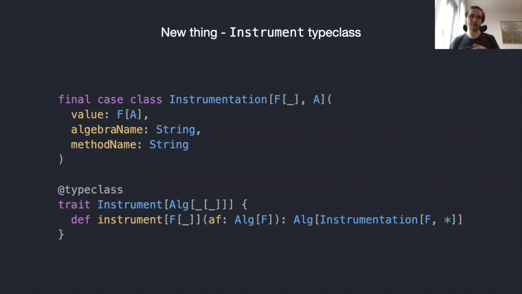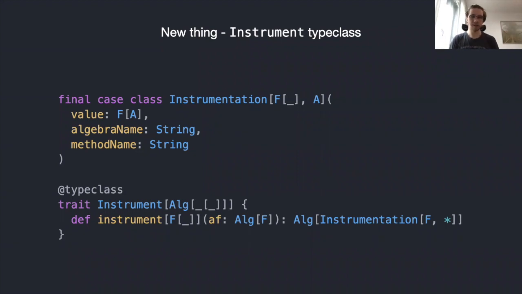Now there's a very powerful thing that's quite new in Catstagless. It's called instrument. It's a typeclass that allows you to attach information to each method. You will get the name of the method and the name of the entire algebra, which is not that much of an effort to get, but then you can abstract on this and create methods that operate on any algebra that has this instance.